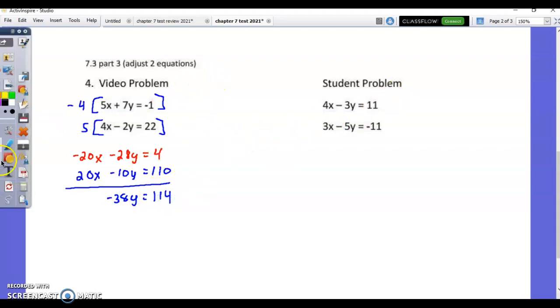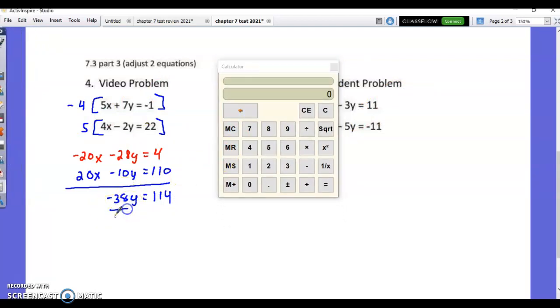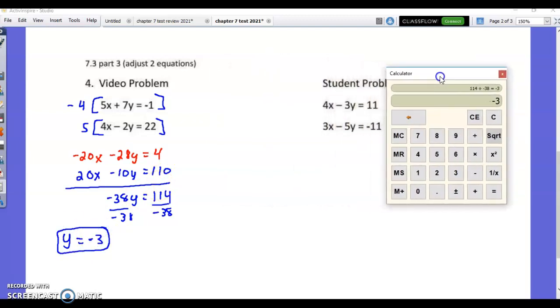I'm going to bring up my calculator. Use your calculator on these. So I have to divide by negative 38 on both sides. So y equals 114 divided by negative 38, which gives us negative 3. So there's half of my answer. Now I have to use one of the two. I'm going to use this first one.